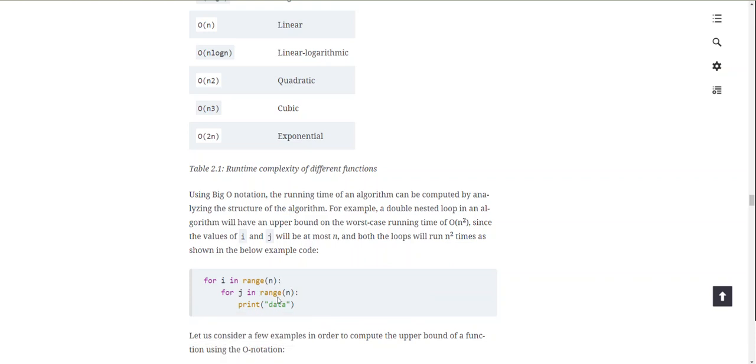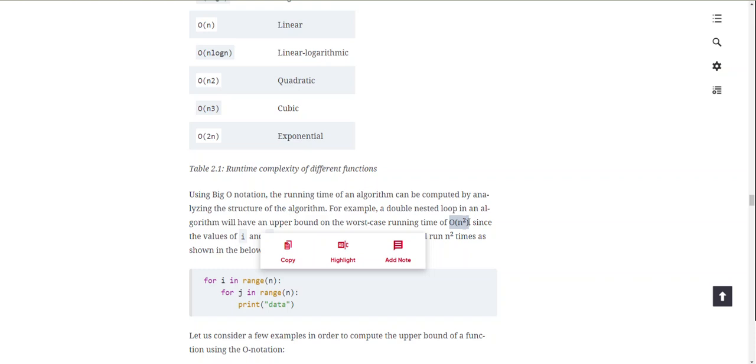The fact that it's nested, now we're at n squared. Worst case scenario for this is n squared. What we see here, so that's our big O notation. Worst case runtime for that algorithm or that block of code is big O of n squared.